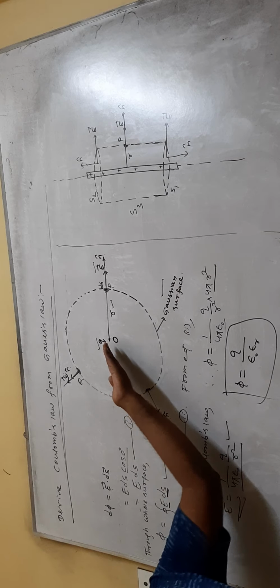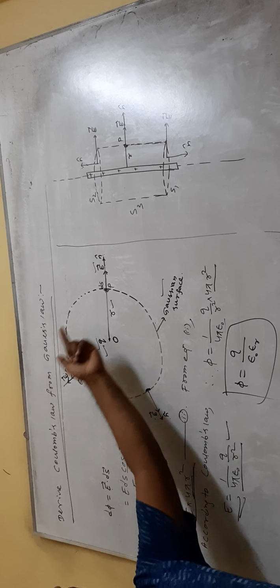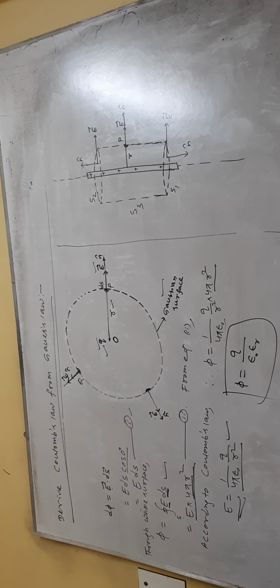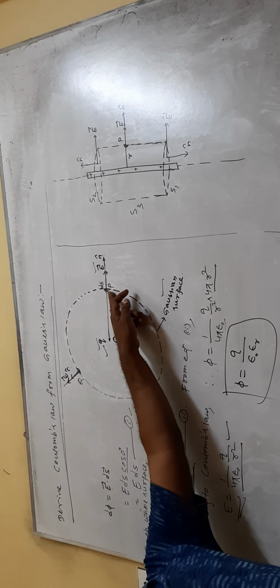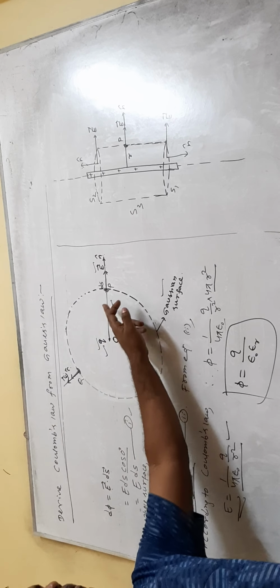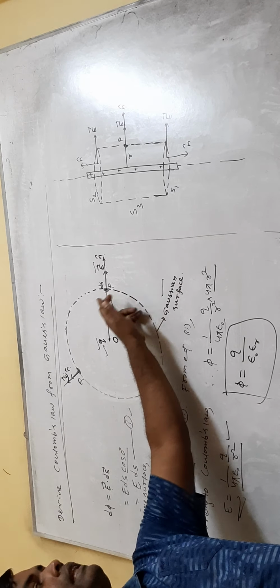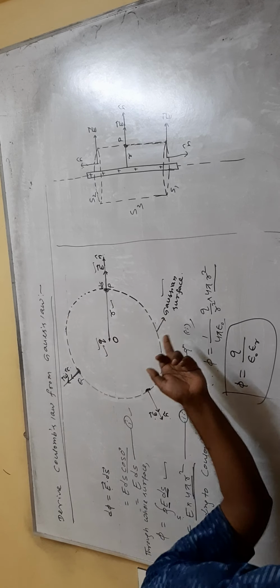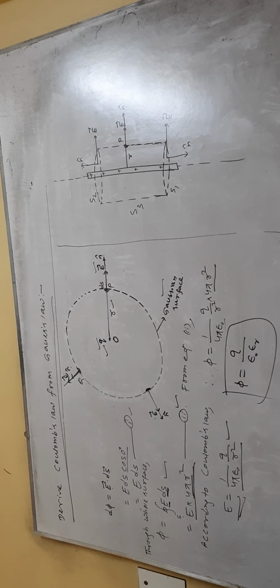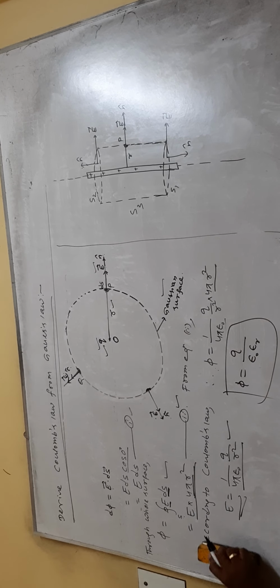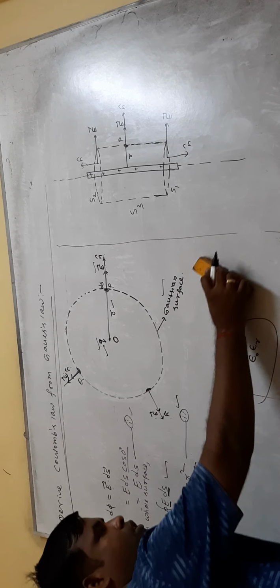Similarly, you take a point charge at O, imagine a Gaussian surface in the form of a sphere, and find the electric flux. You consider the surface element at P, find the electric flux through that element, then find the whole electric flux through the whole surface. So that is phi is equal to E into 4 pi r square. Now you apply Gauss law.